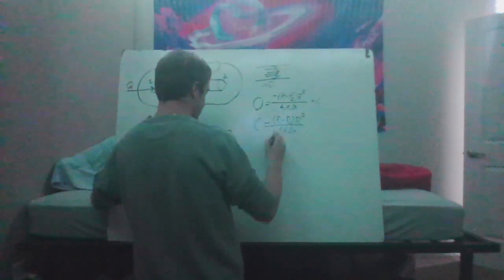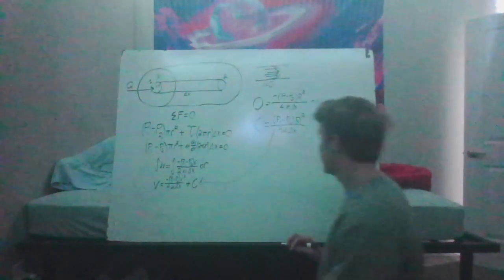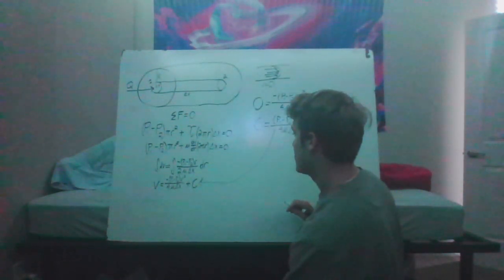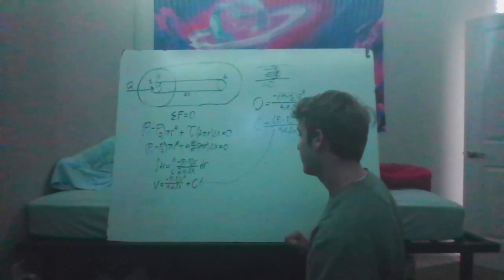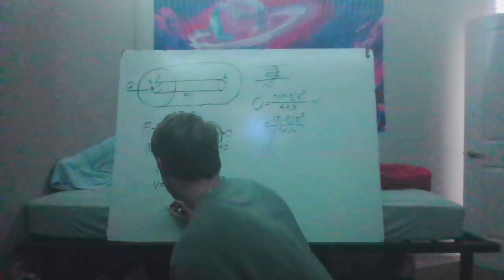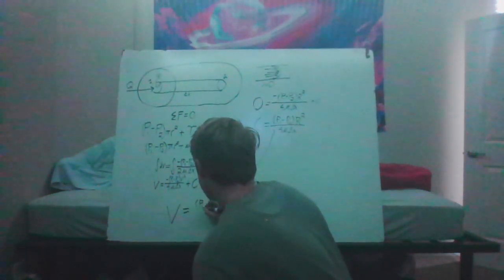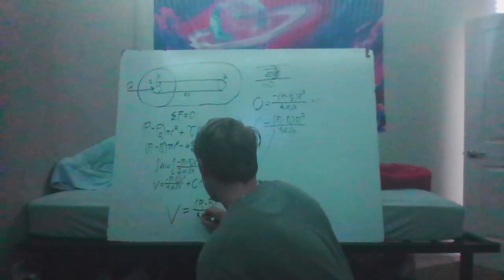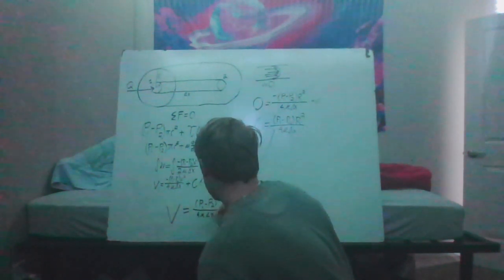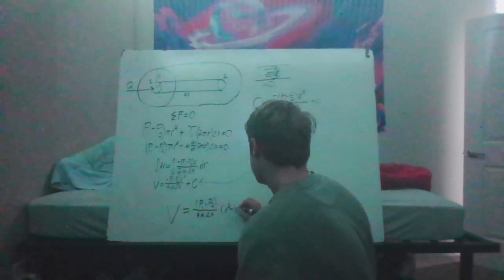And now we will plug this back into here, and with that we will end up getting that v is equal to (p1 minus p2) over 4 mu delta x times little r squared minus big R squared.